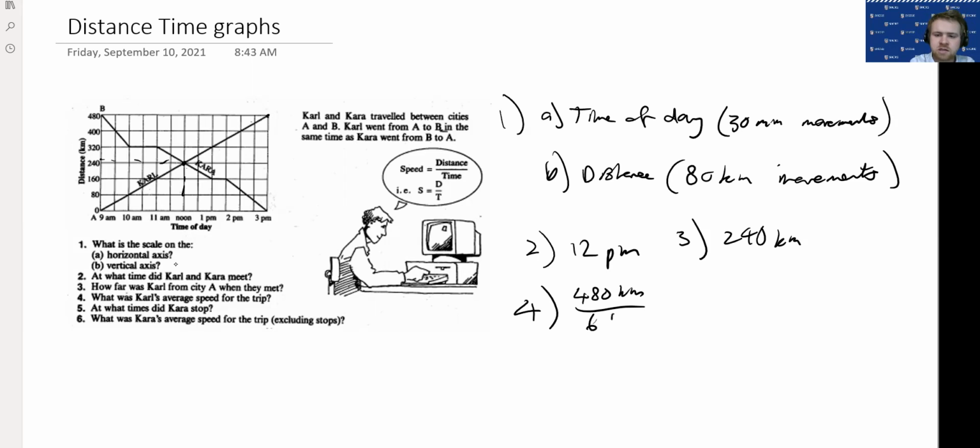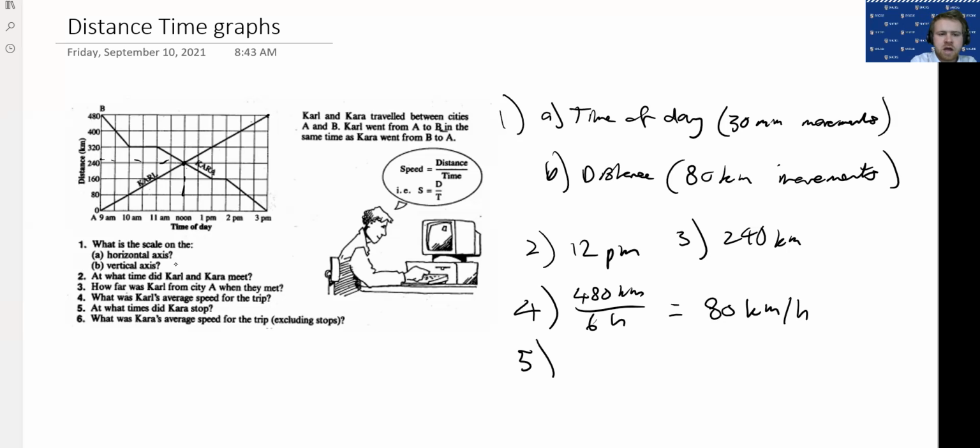So it's 6 hours in total, which gives us our rate here of 80 kilometers per hour. You can use a calculator for that if you need to.